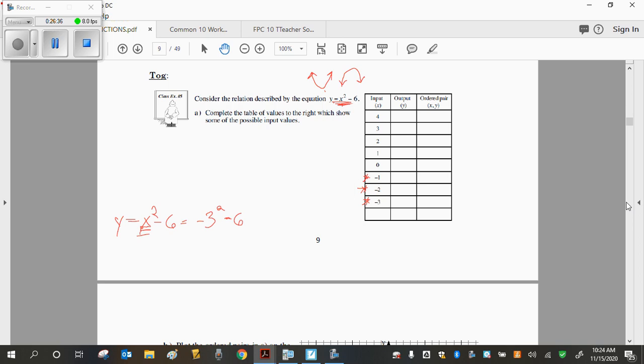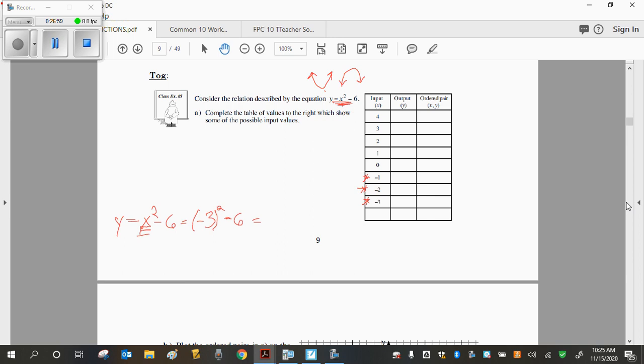And it's not your calculator's fault. Your calculator's right. This would be a -9 subtract 6. If you put it in brackets, you will get the right answer because you get 9 subtract 6. So it's important you put this -3 in brackets, so your calculator is doing -3 times -3.